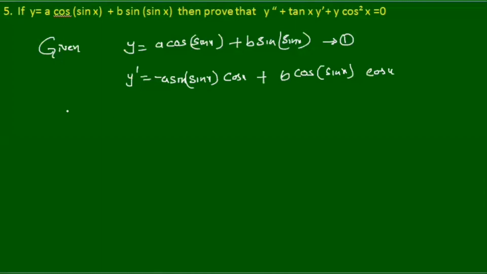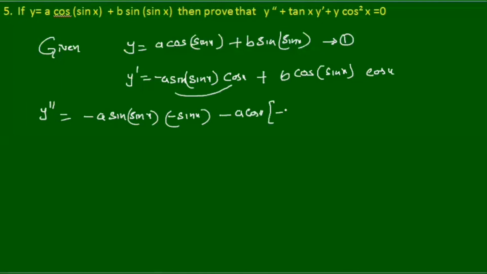UV formula we have to apply for each term. So I write from here y double dash is equal to first term derivative uv: minus a into sin of sin x as it is, and then cos x derivative is minus sin x, right? Plus b into cos of sin x, and so on.